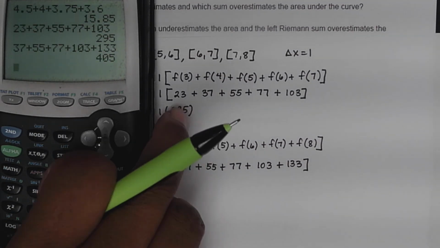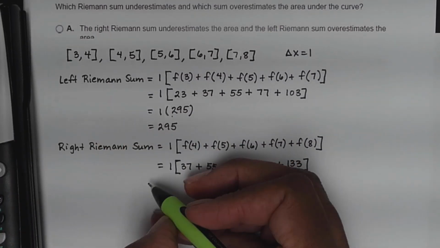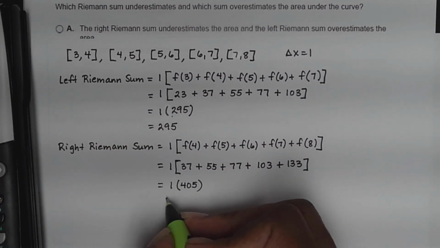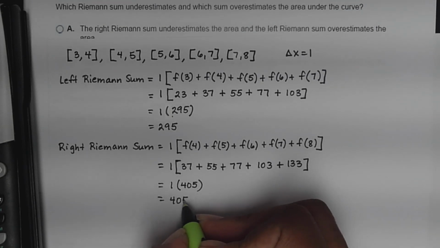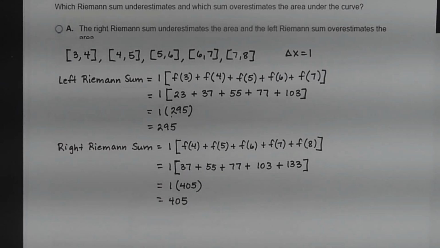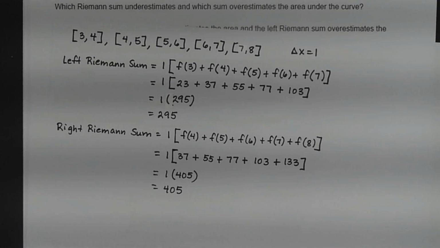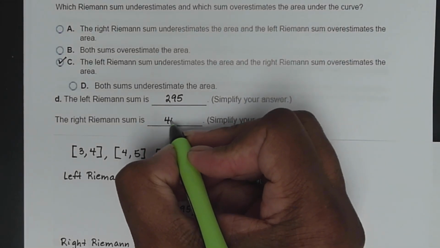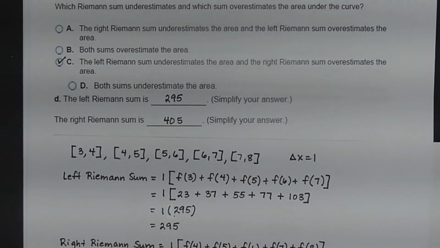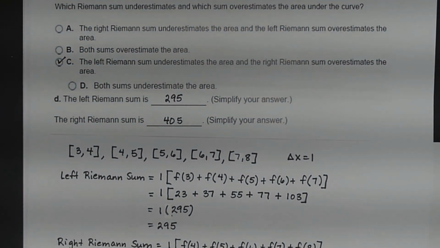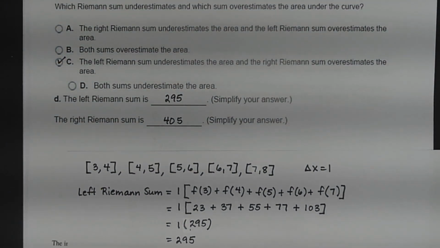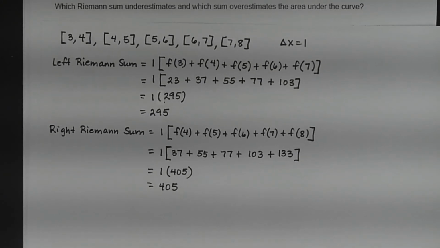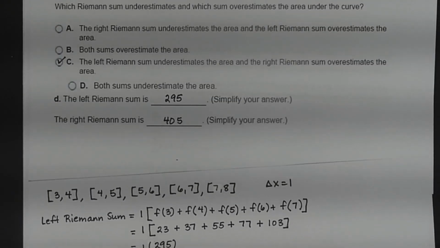That would be 405. So that means I'm going to have 1 times 405, which is 405. So my right Riemann sum ends up being 405. So that's how I calculate the right Riemann sum and the left Riemann sum.